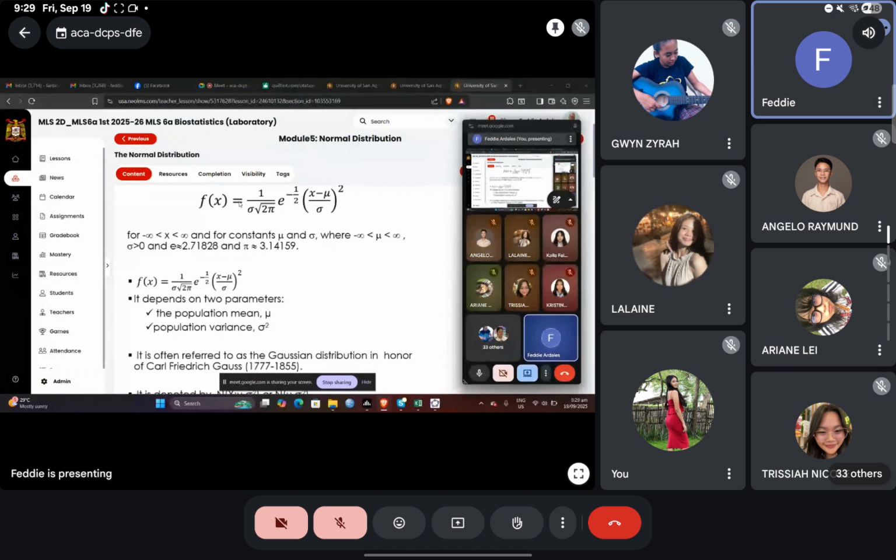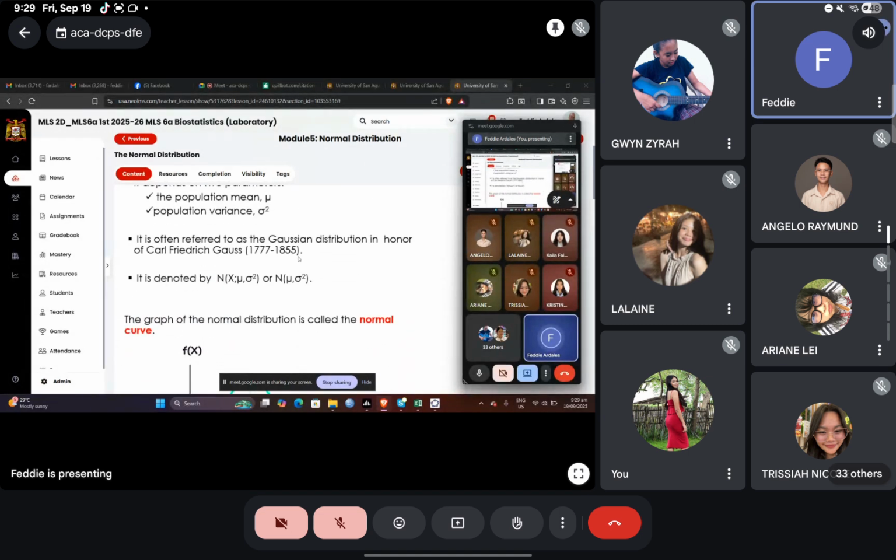It is often referred to as the Gaussian distribution in honor of Carl Friedrich Gauss. The normal distribution is denoted by N, open parenthesis, x, semicolon, the mean and the variance. Take note, sigma squared is the variance, or we can write it as N of the mean and variance.